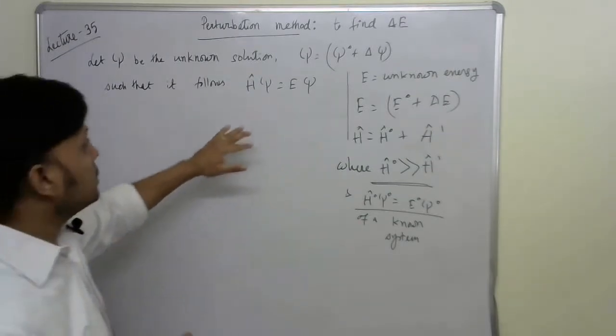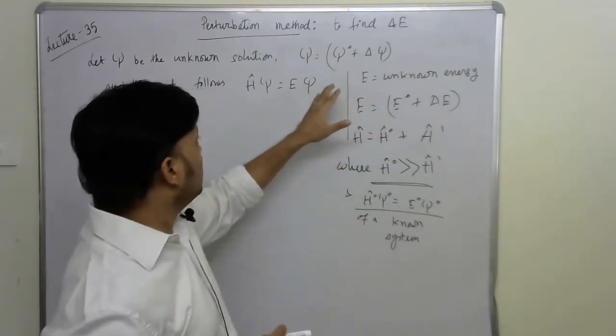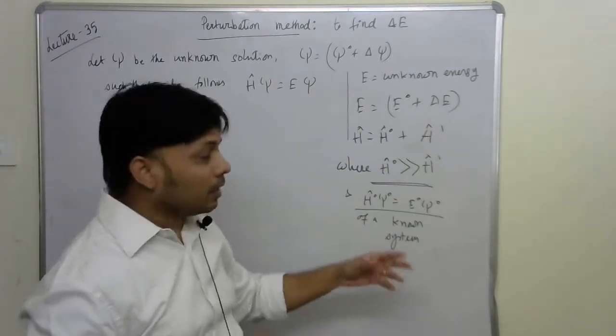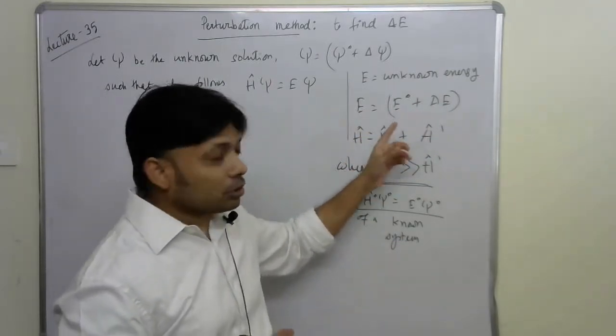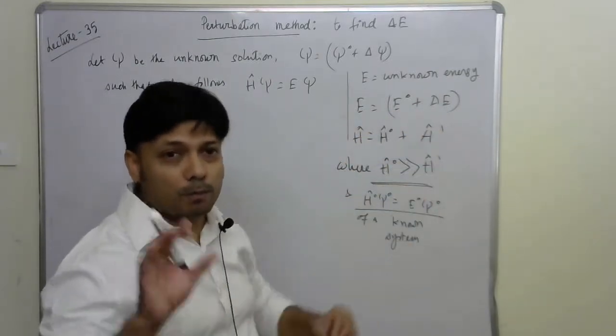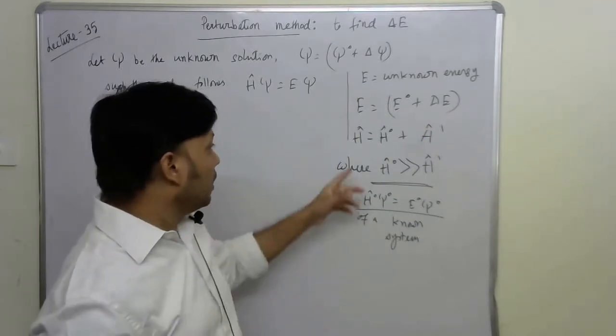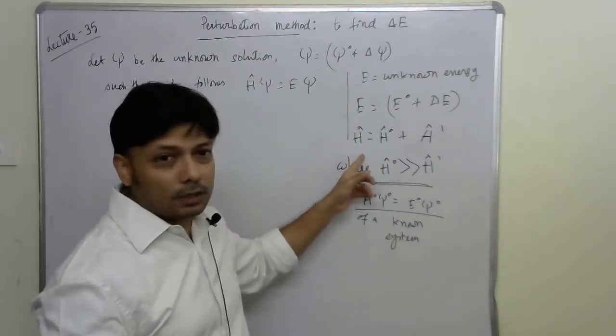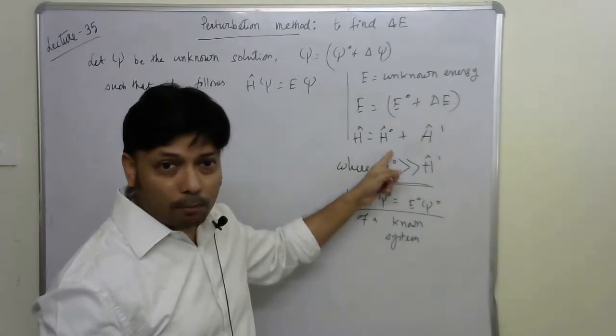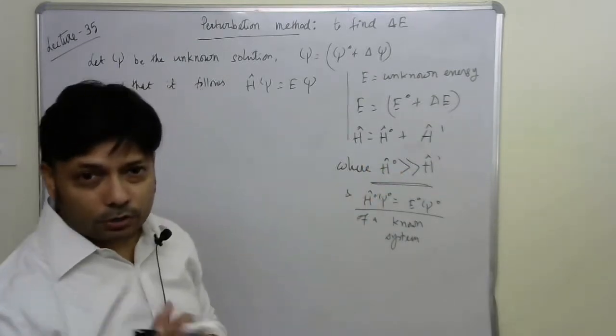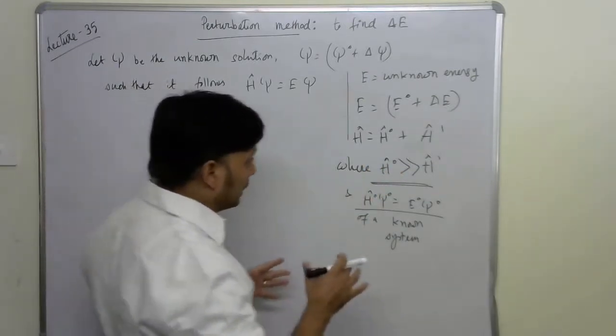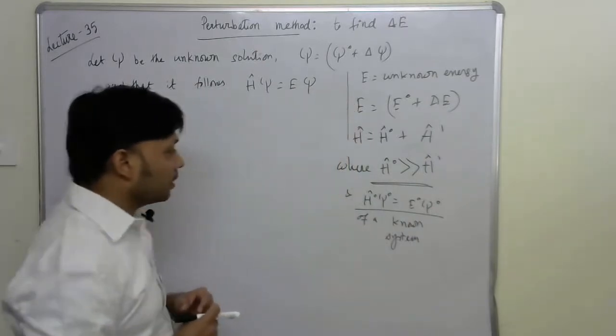Here of course E is the unknown energy, the summation of the known energy plus some perturbation delta E. And of course the Hamiltonian is the summation of a known Hamiltonian plus the first order perturbation, because we are only dealing up to the first order.